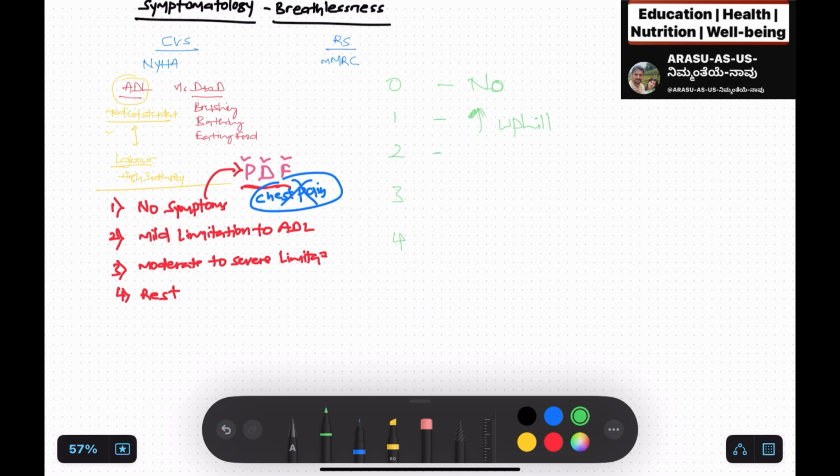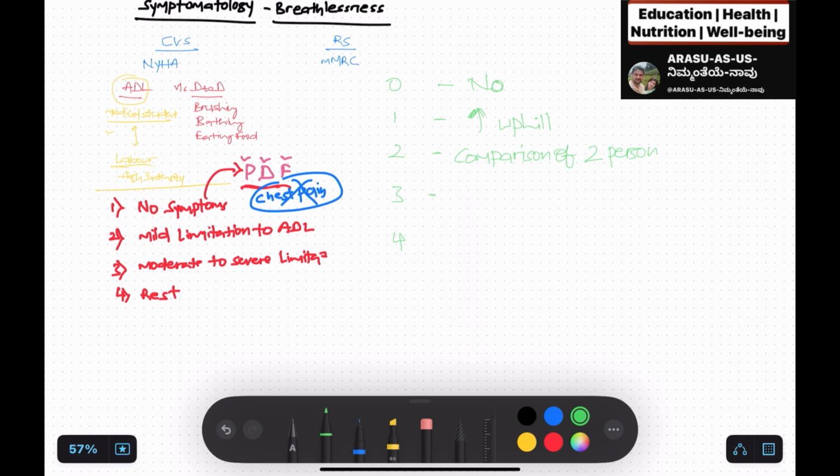Grade 2 is if the person gets breathlessness on walking on level ground with an individual of the same age and same gender. This person will get breathlessness, but the other one will be able to walk without any breathlessness. So this is a comparison of two persons walking on plain ground.